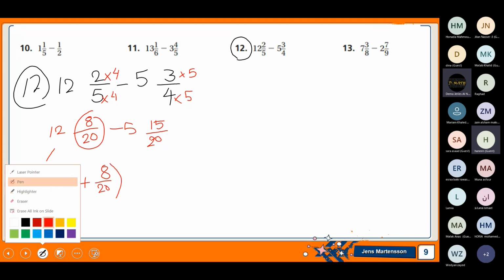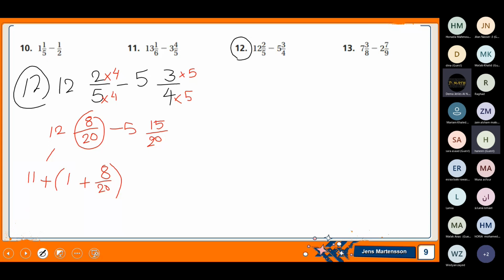Now, how do you write 1 as a fraction? Haneen, how to write 1 as a fraction? 1 over 1. Yes. How to make the denominators the same? Look at the denominators here. Can you add them together?